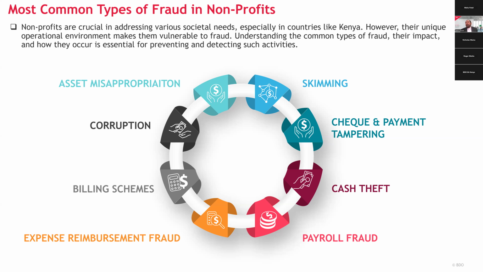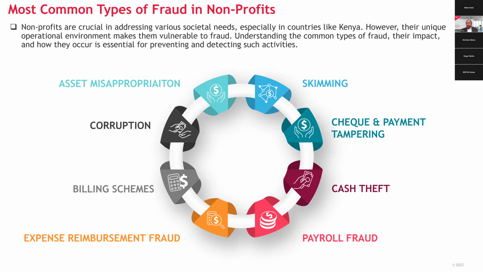This type of fraud exploits weak oversight in the expense approval process, where supervisors may not thoroughly verify the legitimacy of the claims, or the supervisors themselves are actually involved in the fraud.